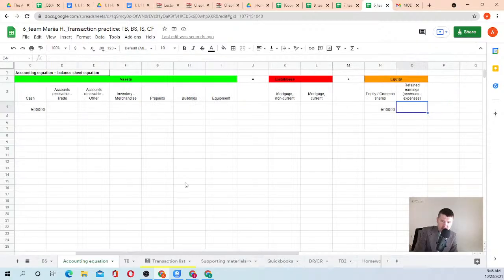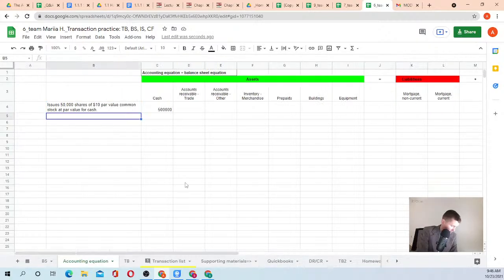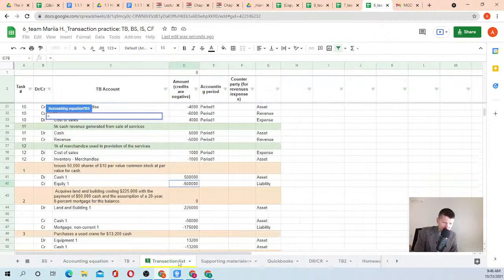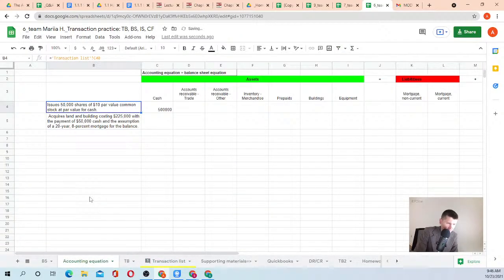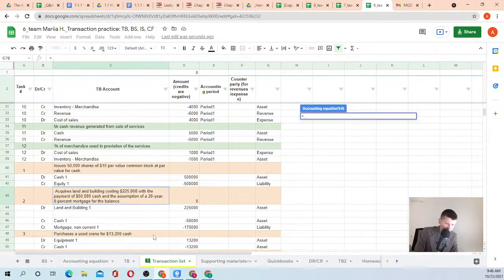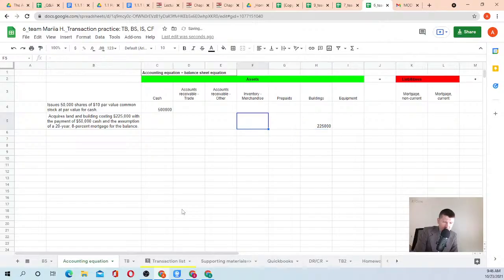So once you've done that, you can go to the second task, which is the building. We will only do 2 here. So for the building, first we acquired some building and land. Okay, then we spent some cash on it.